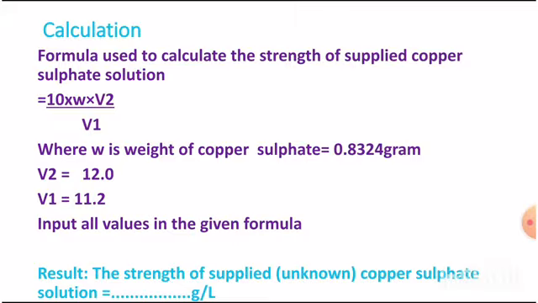Our V2 reading was 12 and V1 reading was 11.2. Input all the values in the given formula. So the result of supplied copper sulfate solution will be dash gram per liter.